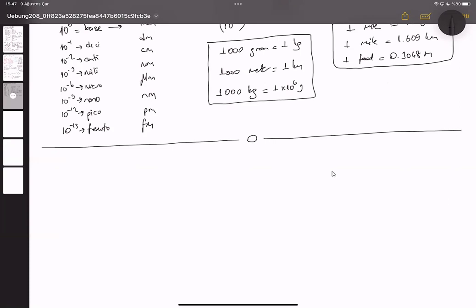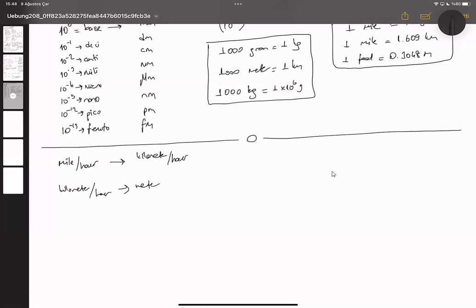For example, in motion questions, they are giving mile per hour to kilometer per hour. And one more we can choose: kilometer per hour to meter per second.